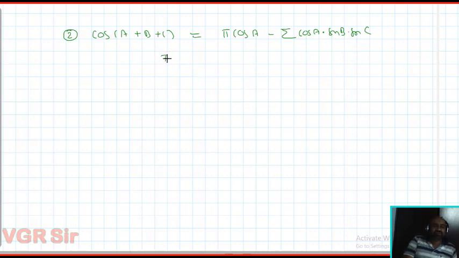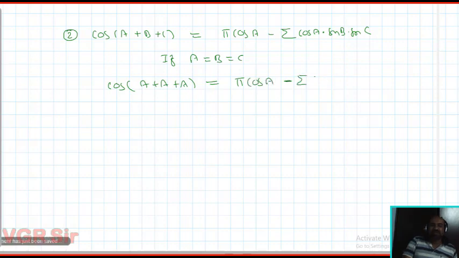Here also, if a equal to b equal to c, instead of b write a, instead of c also write a. What happened? Cos of a plus a plus a is equal to pi cos a as it is, minus sigma cos a into sin square a, because here sin a into sin a is sin square a only.